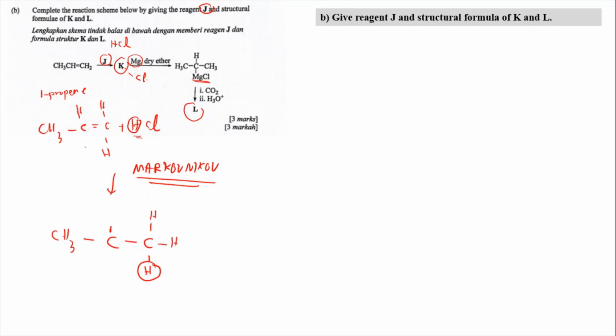Okay, and the Cl which going to be added akan masuk di tengah-tengah. Okay, so this is my structure of K. And then from K, magnesium akan masuk dekat sini in order to produce this structure here. So I know that my K here going to be correct. Okay, so my reagent J going to be HCl, and then my K here going to become 2-chloropropane.